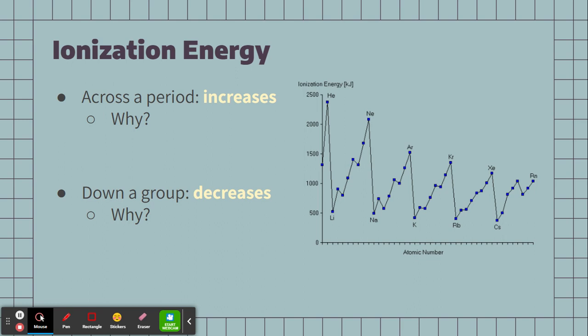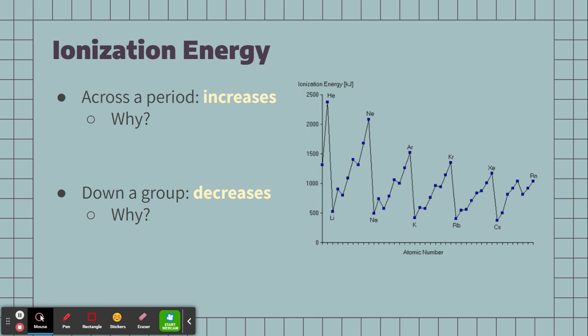period. Down a group, first ionization energy decreases. This is because, as we've already established, the amount of occupied principal energy levels of an element increases as we look down a group. Thus, that will mean that the distance from the atom's nucleus, or the positive portion of it, to the outermost electron will increase.